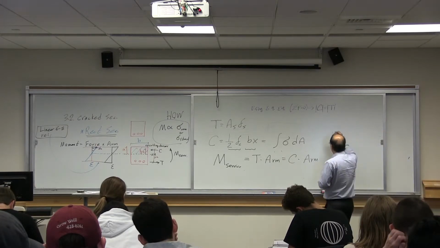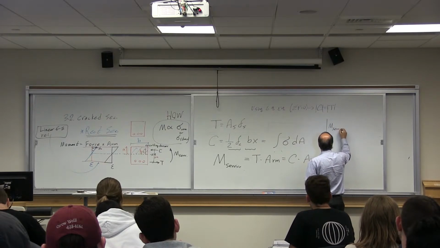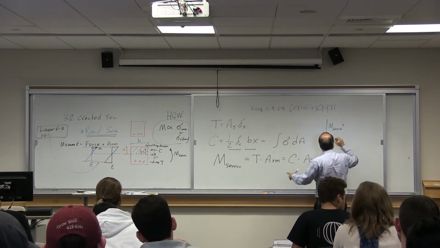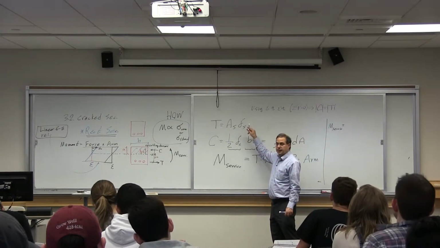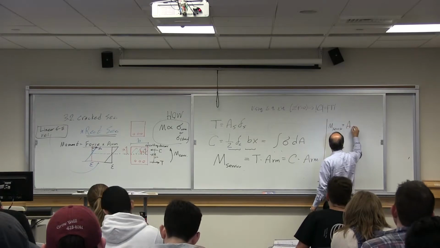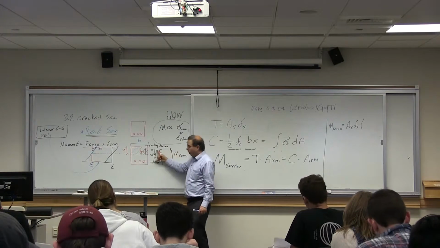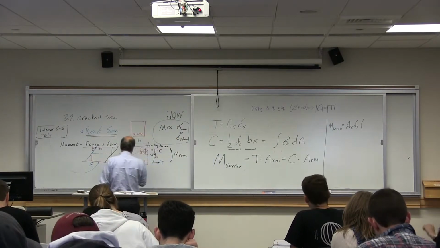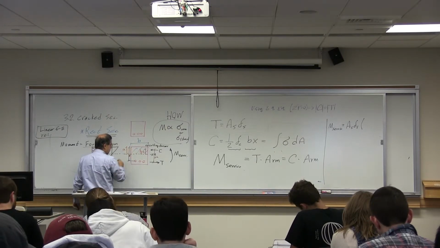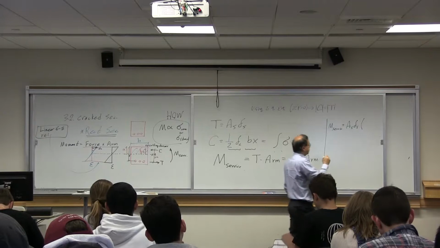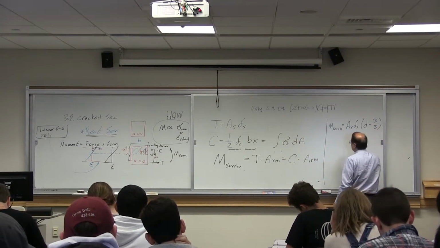So M service is equal to T, which is As times Fs, times the arm. The arm is d minus x divided by 3.